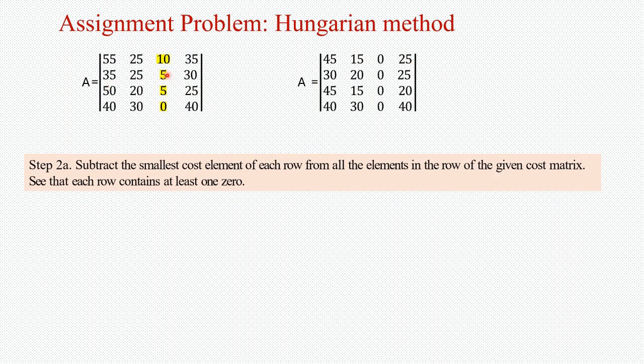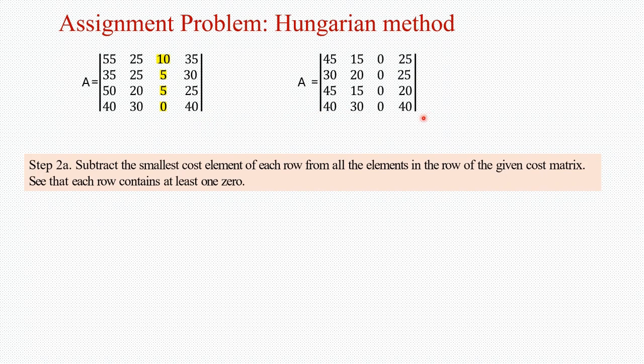Subtracting 5, we get 30, 20, 0 and 25. The smallest element in row 3 is 5. Subtracting 5, we get 45, 15, 0 and 20. The smallest element in row 4 is 0, so row 4 stays the same. The matrix obtained is this.